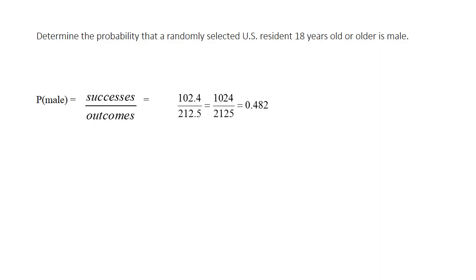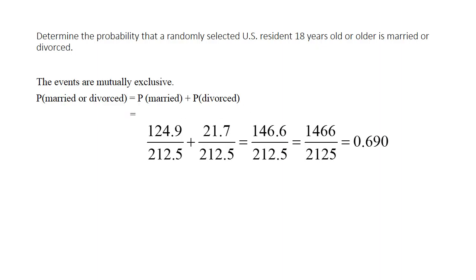The next part to this question is an OR problem, and again with OR we use the addition rule. We have to determine if the events are mutually exclusive or not mutually exclusive. In this case, they are mutually exclusive. That is, the two events cannot occur together. So the probability of selecting someone married or divorced is equal to the probability of selecting someone married plus the probability that someone is divorced.